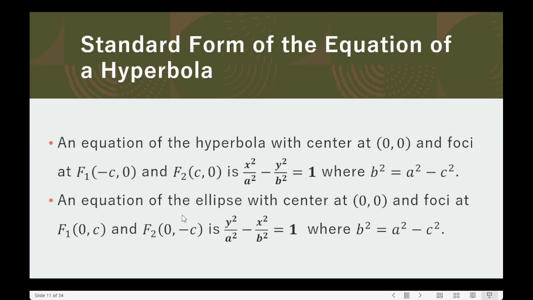An equation of the ellipse, the one that we have already discussed in the previous week, with the center at the origin and foci at F sub 1 (0, c) and F sub 2 (0, negative c), is y squared over a squared minus x squared over b squared equals 1. I don't think this is correct. See, this is actually a hyperbola, not an ellipse.